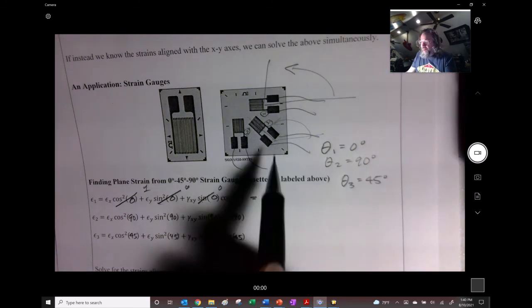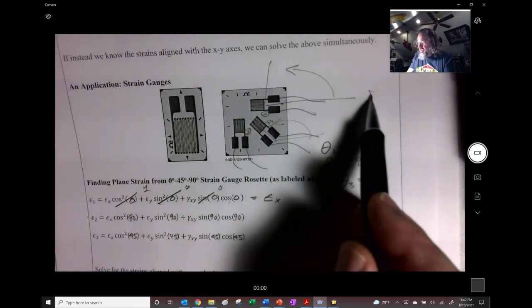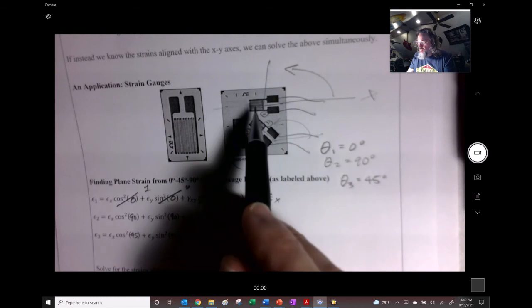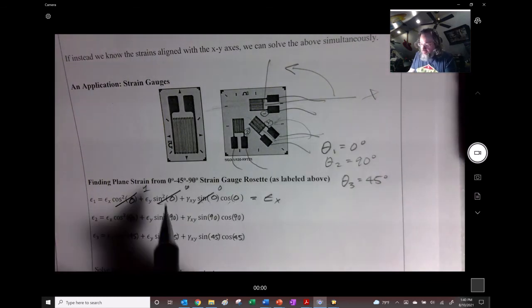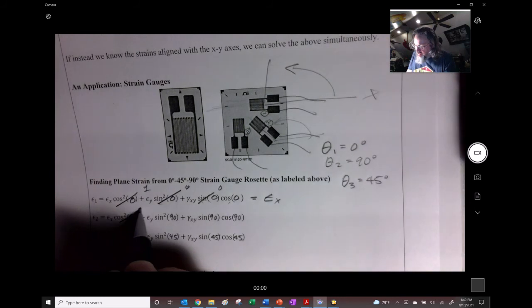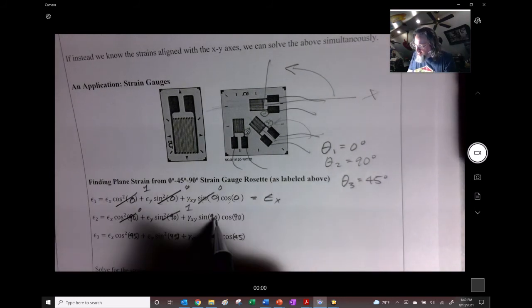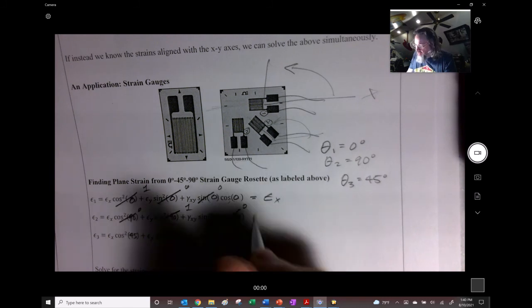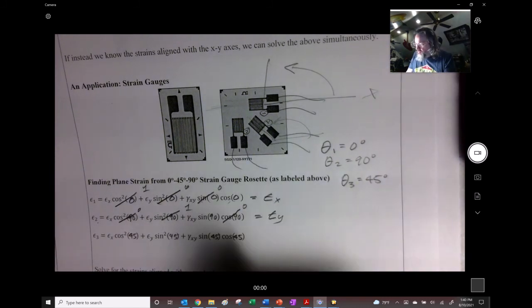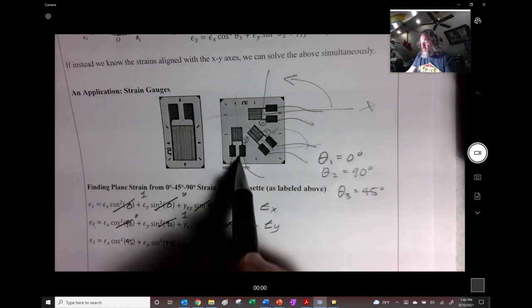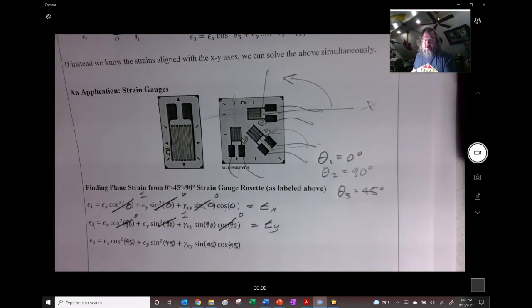Well, that's kind of obvious if this is the x direction right now. Whatever you're measuring here is definitely going to be that. So, duh. That goes to 0. This goes to 1. And this one goes to 0. So epsilon 2 is going to be equal to epsilon y. For the same reason, duh, no kidding.